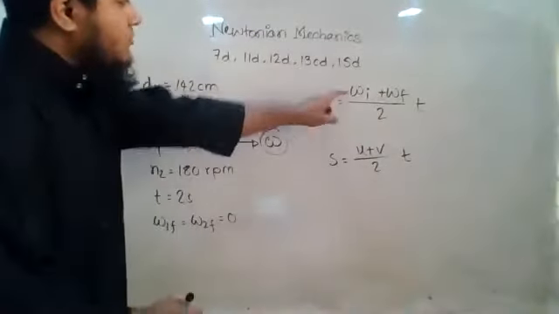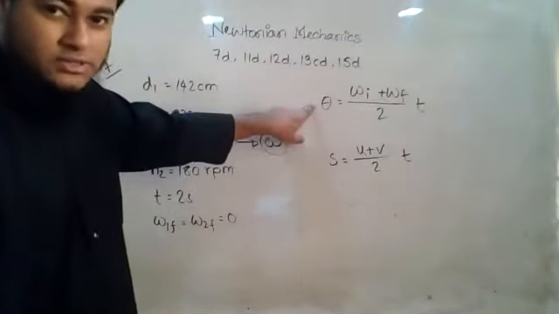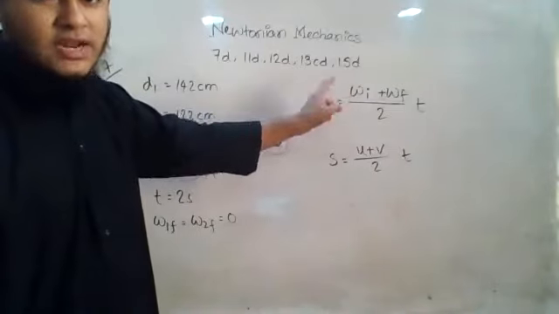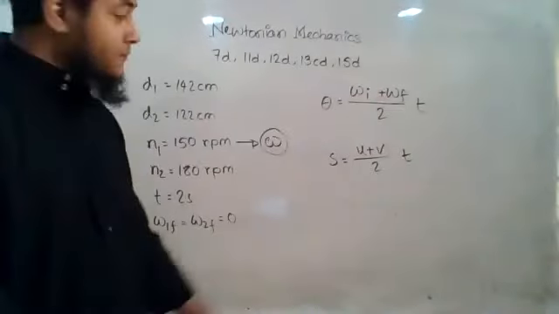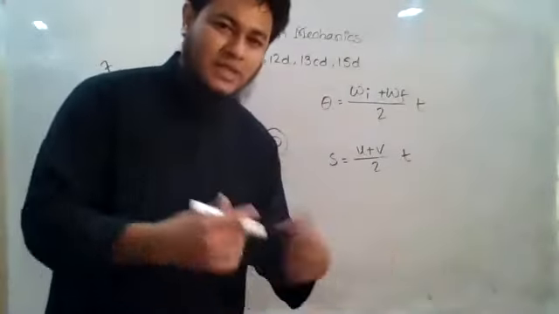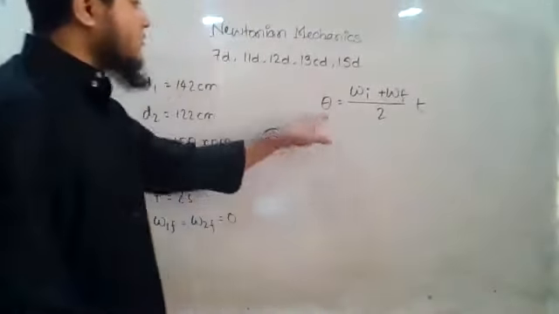Now this one has become this. S, that is linear displacement, will become angular displacement now. Initial velocity plus final velocity becomes initial angular velocity plus final angular velocity, right? This is for linear motion, this is for rotational motion, and time is same for both cases. So from here I can find out the theta.